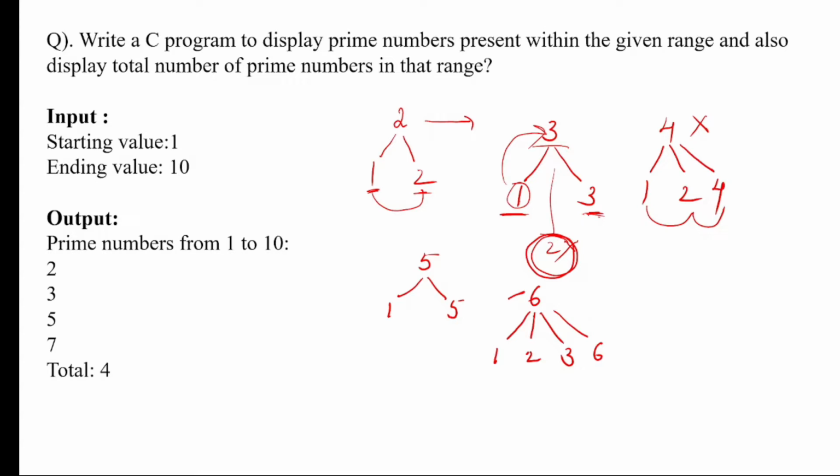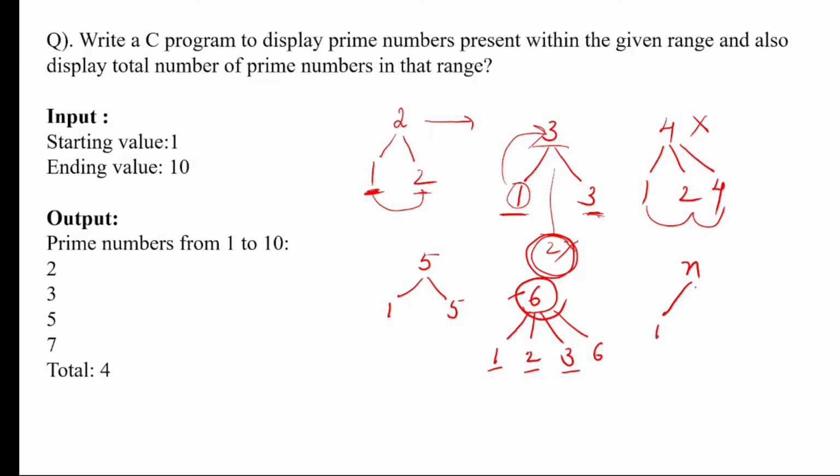Now see, what will be the logic to find a prime number? For each and every number we start from 1 up to that particular number. We divide the given number by 1, 2, 3 and so on up to that number. Suppose n is a number.